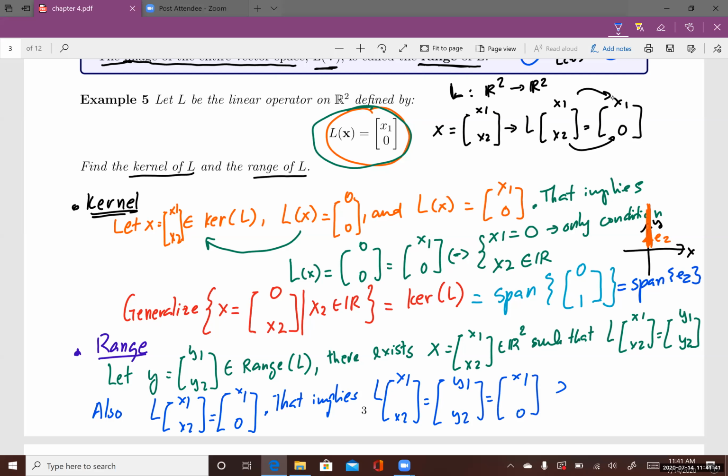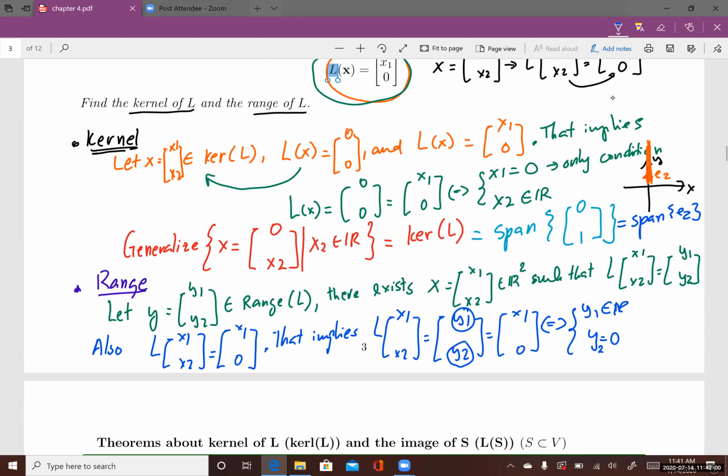This implies that y2 has to be equal to 0, and y1 can be anything, because x1 here can be any value, right?